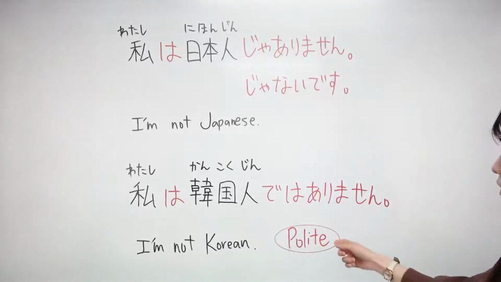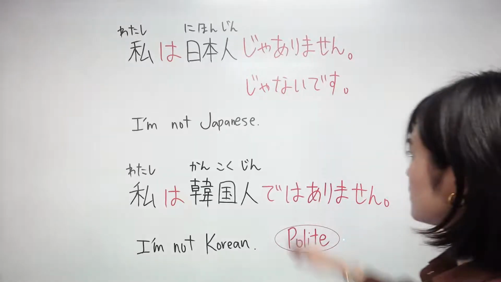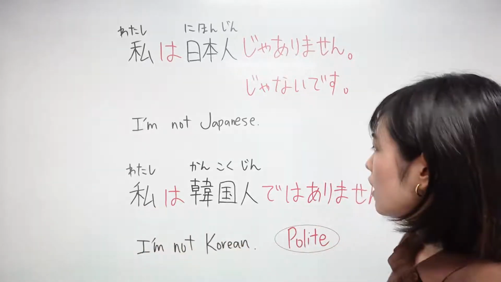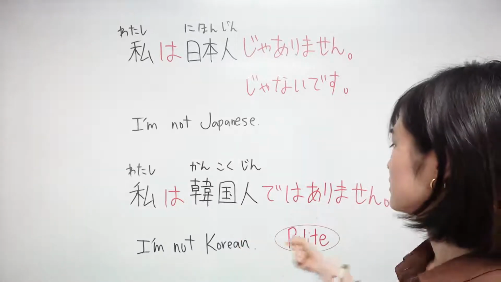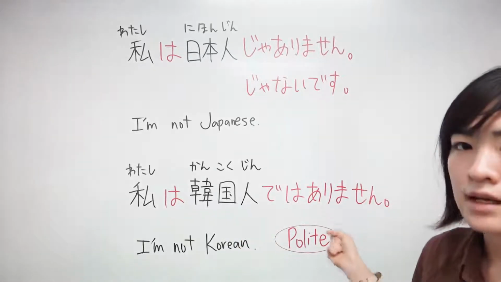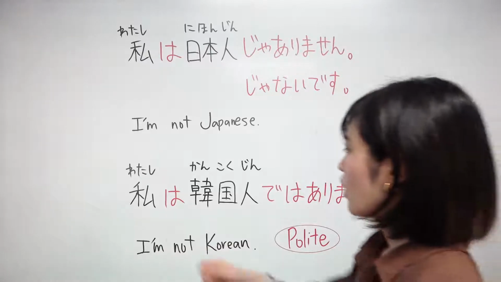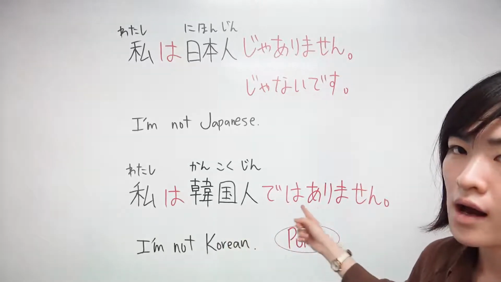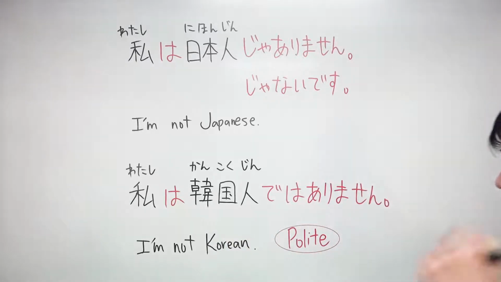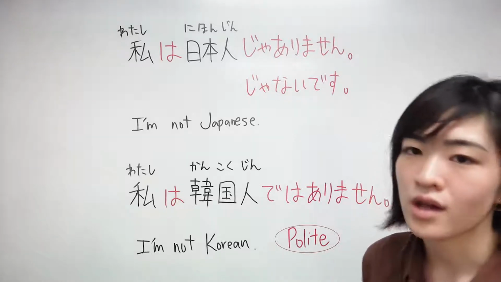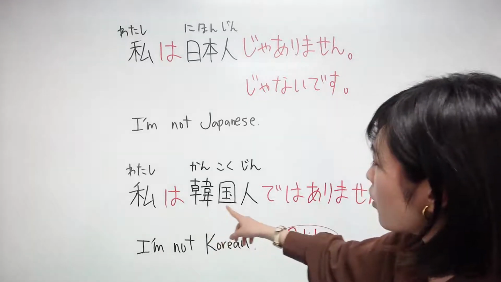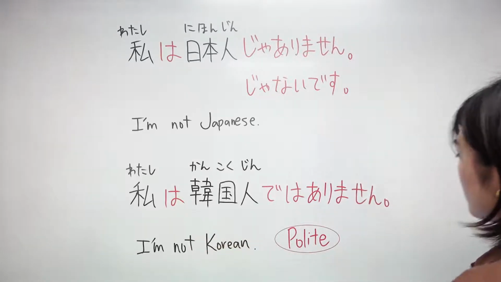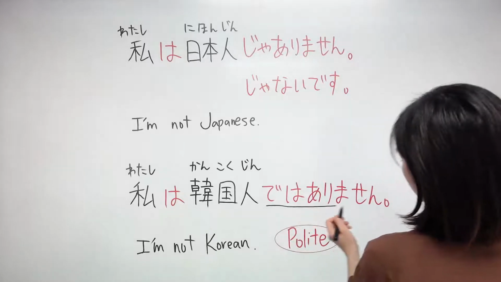This is a very polite way to say the same thing. Let's try reading it. 私は韓国人ではありません。This means I'm not Korean. 韓国人. This means Korean. And ではありません.